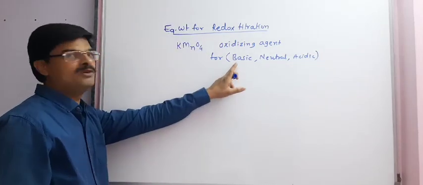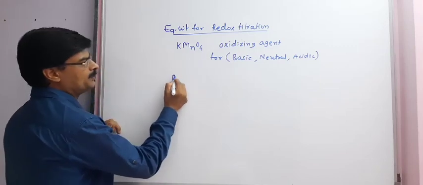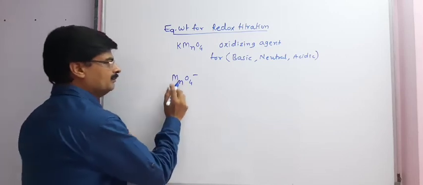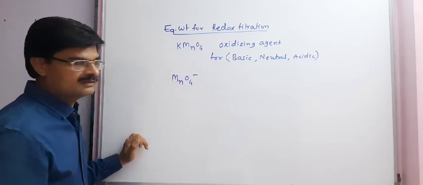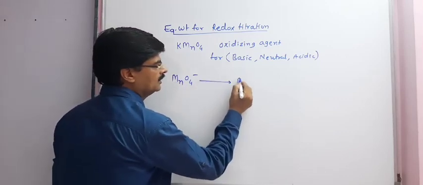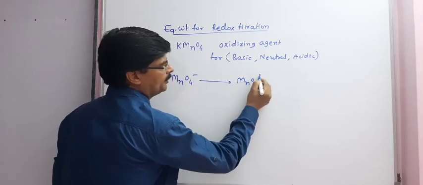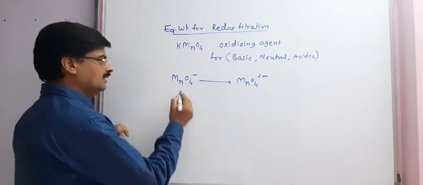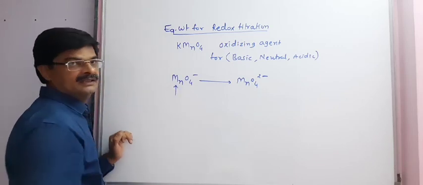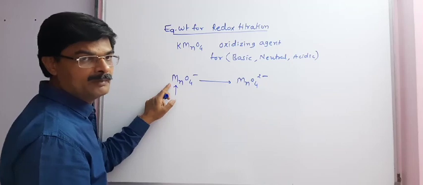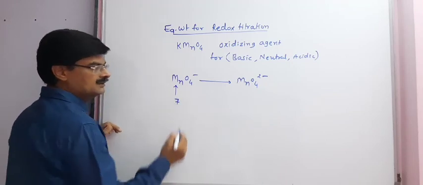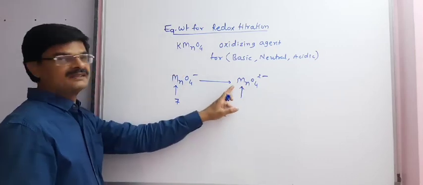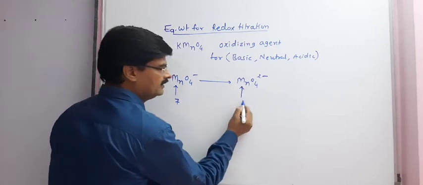First we will study basic medium. KMnO4 has MnO4 minus ion, permanganate ion. It converts to MnO4 2 minus ion, that is manganate ion. In MnO4 minus ion, the oxidation state of Mn is 7, and in MnO4 2 minus ion, the oxidation state of Mn is 6.